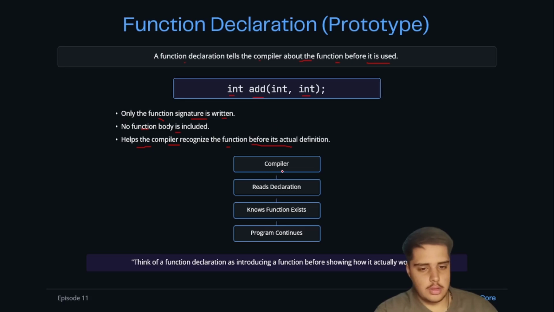So the compiler reads the declaration and gets to know that the function exists, and then the program continues. So think of a function declaration as introducing a function before showing how it actually works.